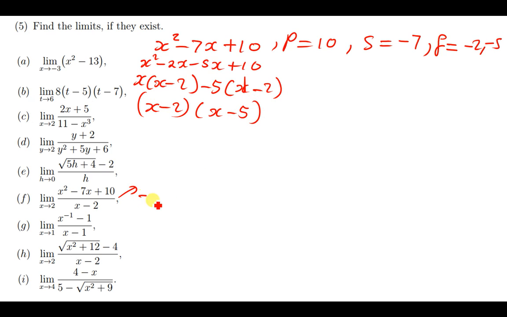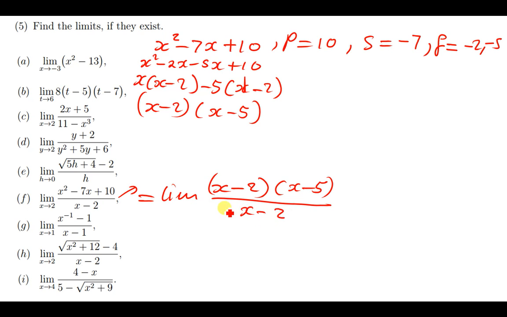This can also be written as the limit of x minus 2 times x minus 5, over x minus 2, when x is approaching 2. You can see that this and that cancel, meaning we're going to remain with the limit of x minus 5 when x is approaching 2.